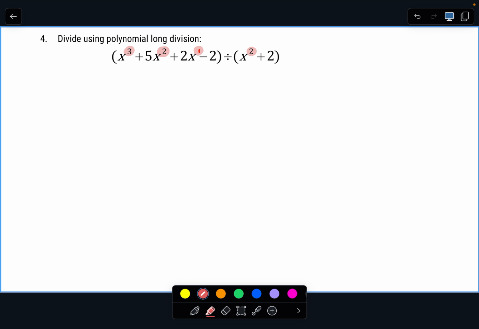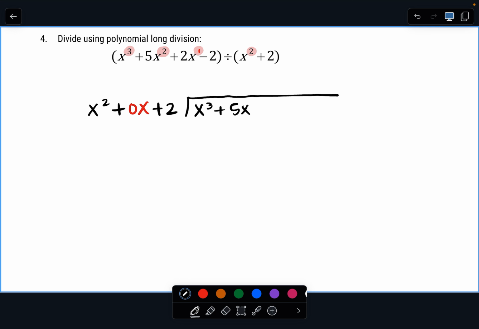So in those cases, when I write out my divisor, x squared plus, I'm going to place a middle term. I'm going to place 0x. The same way I did in example 3, you don't want things where they don't line up nicely. So then I'm going to come in.